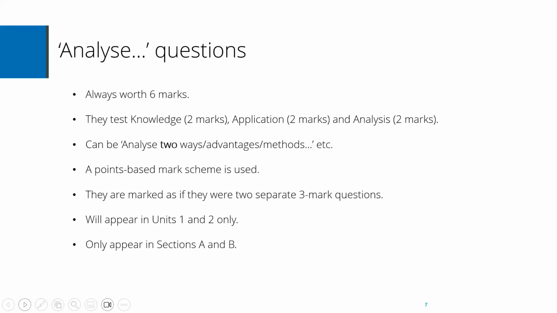And because it's marked 2 AO1, 2 AO2, 2 AO3, logically, for each of the ways, advantages, benefits, drawbacks, methods, it's got to be 1 AO1, 1 AO2, 1 AO3, then a separate paragraph moving on to the second way, advantage, method, drawback, whatever it might be, 1 AO1, 1 AO2, 1 AO3.